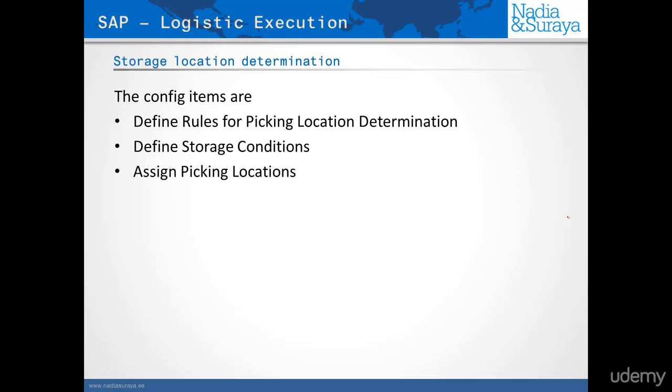And as we said before, the storage condition is assigned on a material. So in theory, we could say the determination of the storage location is driven by shipping point, plant, and material, if you choose to use MALA, which most companies do. Okay, so that is how we determine the storage location in the delivery.